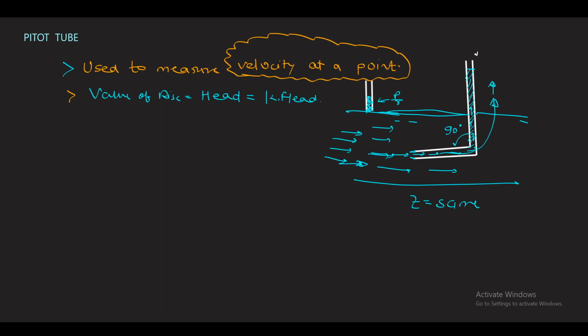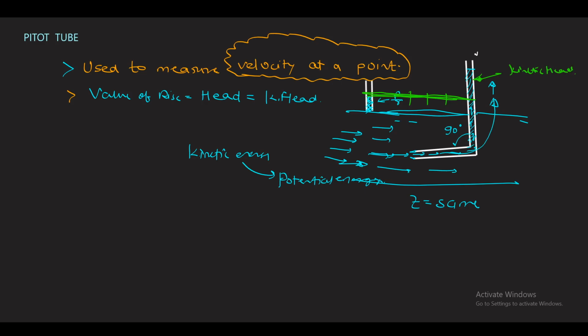The kinetic energy of the fluid gets converted into potential energy, and so there is a rise in the head, because the P by gamma value, the pressure head, remains the same wherever you go, at this position or this position.